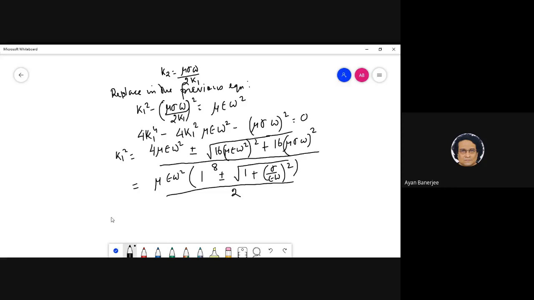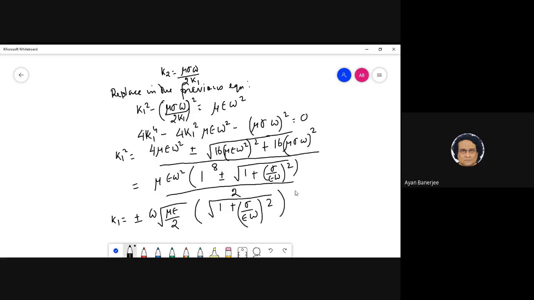Anyway, let us write this. So K1 equal to plus minus omega root of mu epsilon by 2, if I can write the correct thing, root of 1 plus sigma by epsilon omega, this one is whole square.